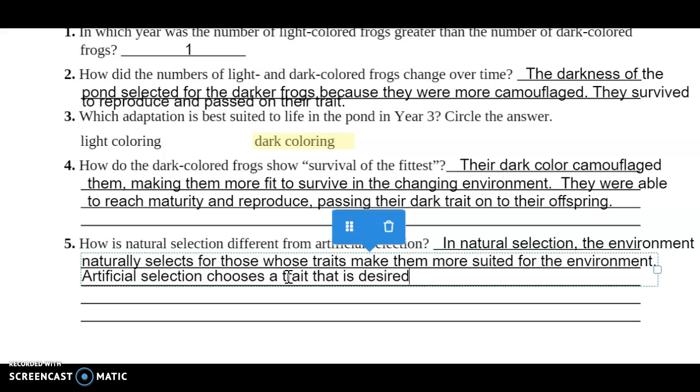Maybe it's the farmer choosing the bigger chicken and mating it with the other bigger chicken. It's not necessarily a trait that nature would select for, but someone chooses for a desired trait that is not necessarily more suited to the environment.